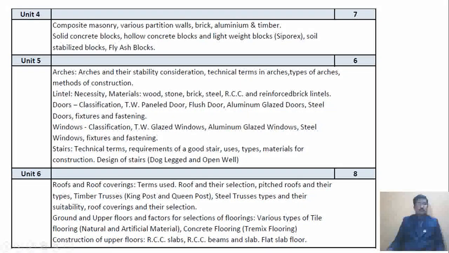Unit 5 includes arches and their stability considerations, technical terms in arches, types of arches, methods of construction, lintel, necessity, materials: wood, stone, brick, steel, RCC and reinforced brick lintels, doors, classification: teakwood panel doors, flush doors, aluminum glazed doors, steel doors, fixtures and fastenings, windows, classification: teakwood glazed windows, aluminum glazed windows, steel windows, fixtures and fastenings.